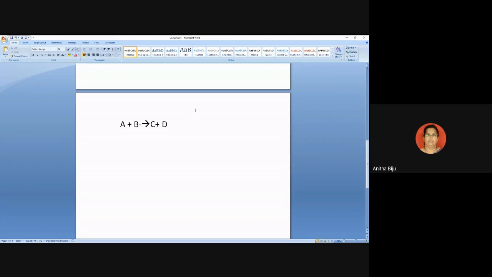So let us think about how to balance a chemical equation. Write the heading, a very, very important part: how to balance a chemical equation.